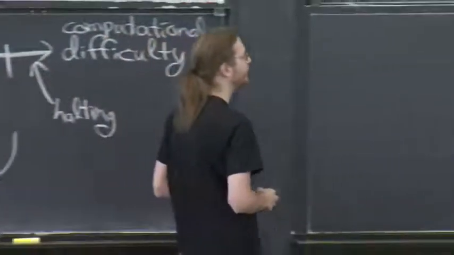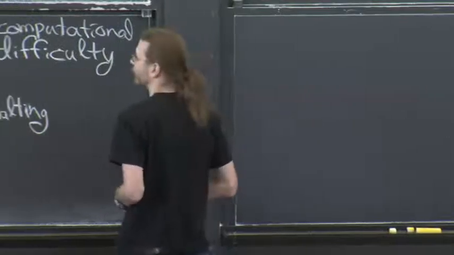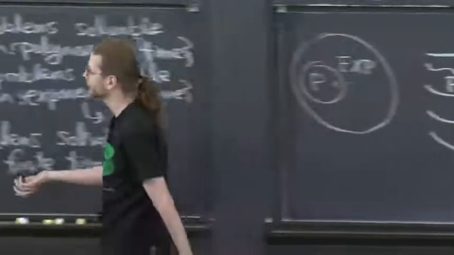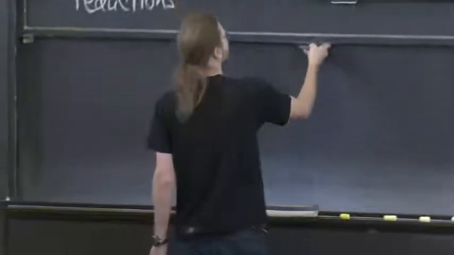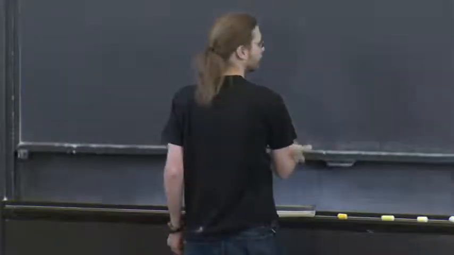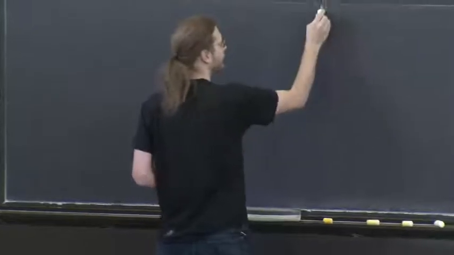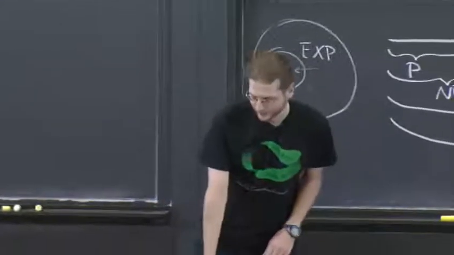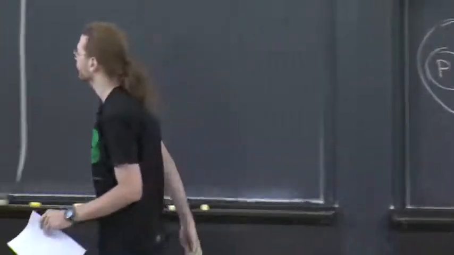I imagine you've heard about NP. It's pretty cool, but also kind of confusing. It's actually very closely related to something we've seen with dynamic programming, which is guessing. So I'm going to give you a couple of definitions of NP.